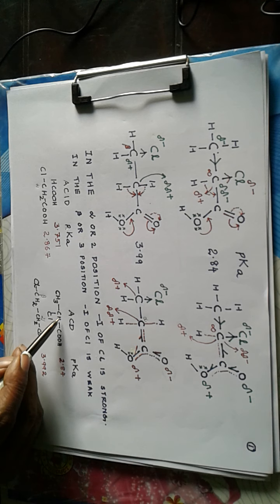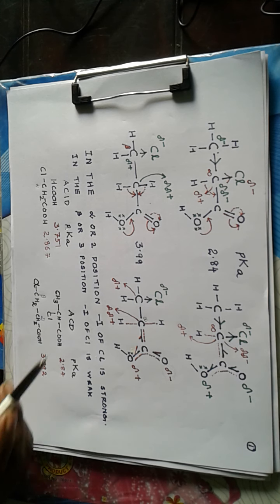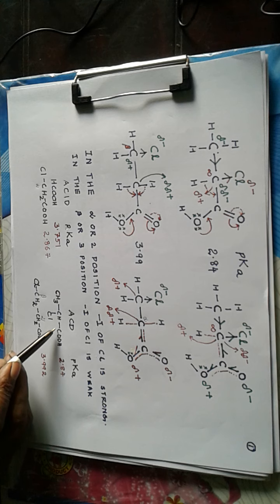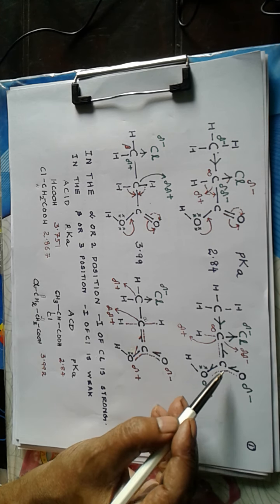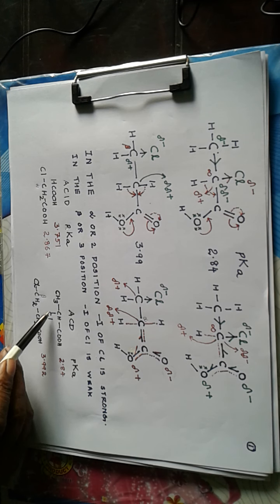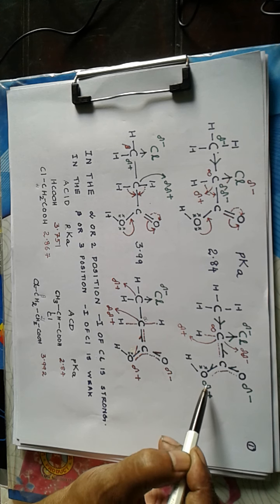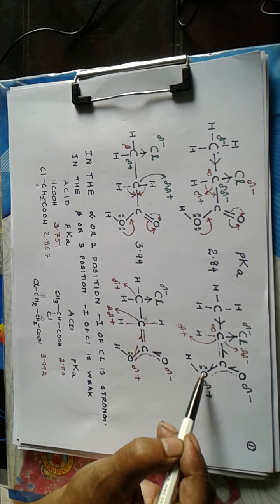So even though there is one hyperconjugation canonical structure, the withdrawal of electron density from the partially negative oxygen by the chlorine occurs to an appreciable extent, so that the electron density given to the delta positive oxygen by inductive mechanism is less than that in the case of formic acid or chloroacetic acid.